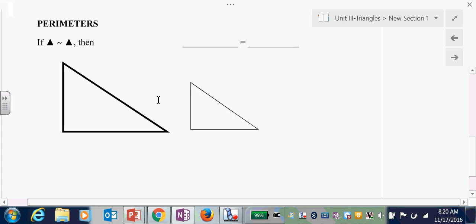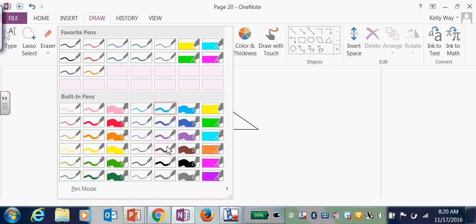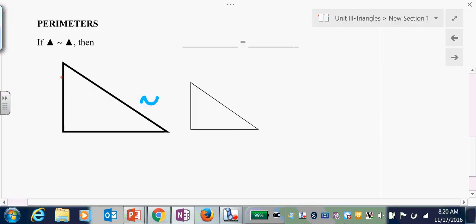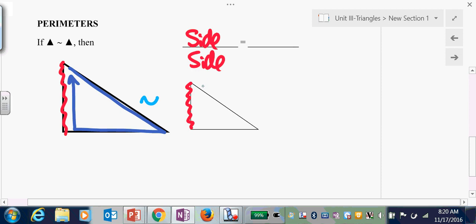So if the triangles are similar, the ratio of the sides, so just squiggle 2 sides, will be the same as the ratio, trace the perimeter, of the perimeters.